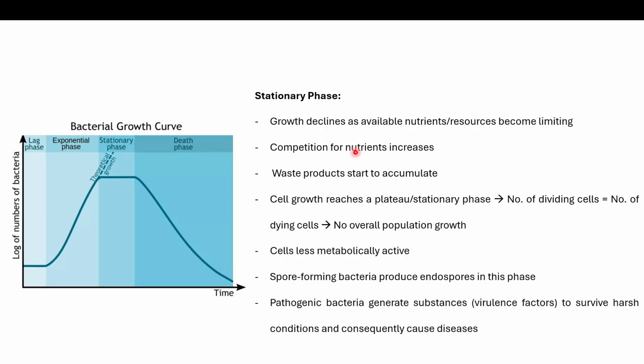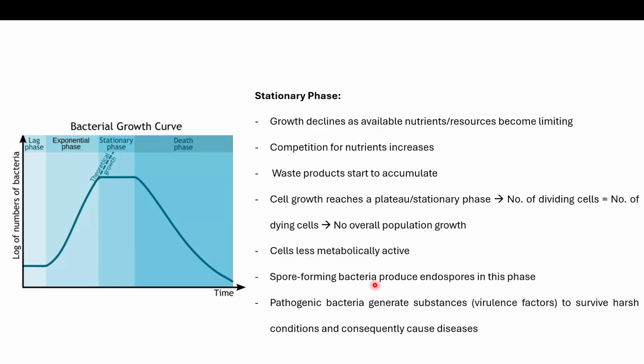Now the competition for nutrients will slowly increase, right? And as the number of cells increases, waste products will also start to accumulate. Then the cell growth will reach a stationary phase where the number of dividing cells will equal the number of dying cells. So overall population growth we won't be able to see. And cells slowly become less metabolically active if we talk about the whole culture.